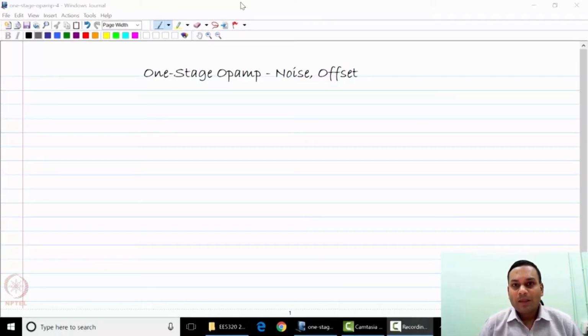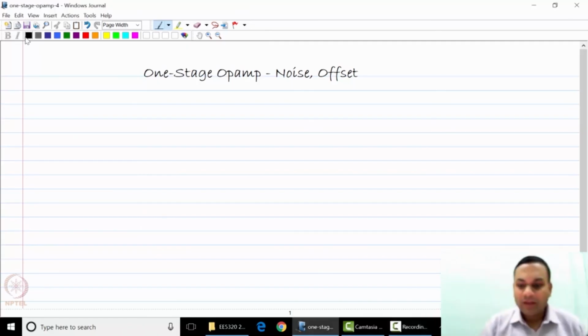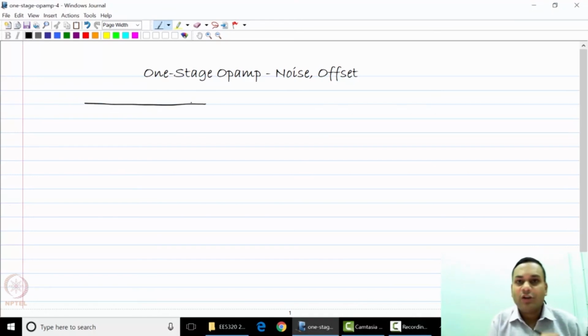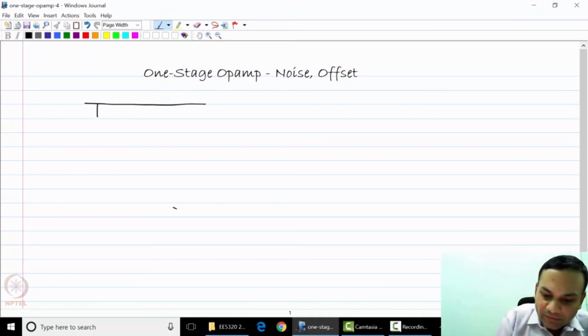In today's lecture, we are going to look at the noise and offset of the one-stage op-amp. So let us first draw the circuit of the one-stage op-amp that we've been looking at.